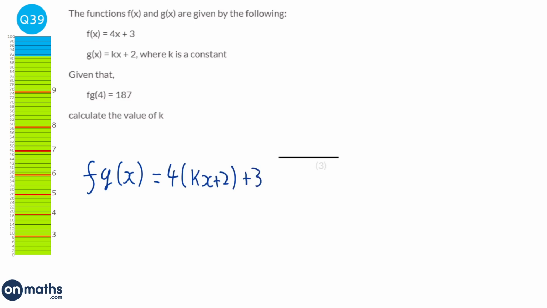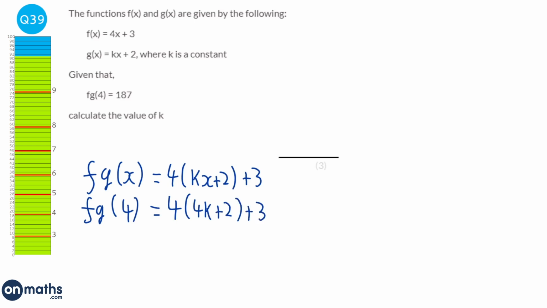Now this says that fg, when 4 is put into it, gives an answer of 187. So let's put that 4 into it. So 4 brackets, and it's k times 4, so that's 4k, plus 2, plus 3.